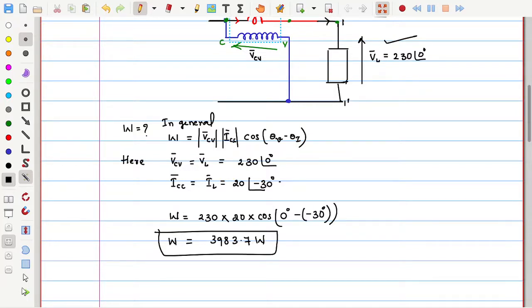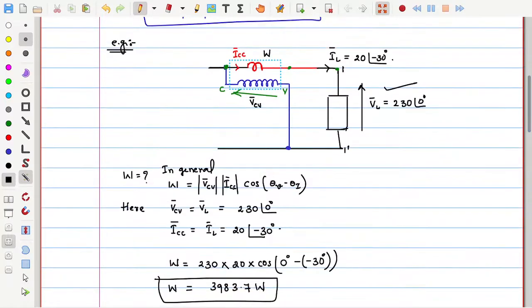Try to observe clearly how we get the wattmeter reading: we should have a clear focus on where the current coil is connected and how much its corresponding current is. Usually current coils are equivalent to ammeters, so ammeters are connected in series with the element where we need to measure the current, so that current is equal to the current coil current.